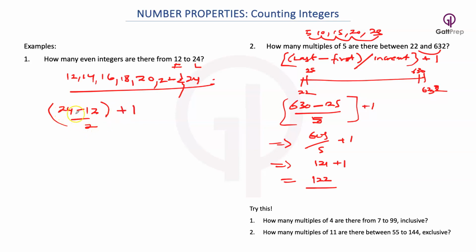And so you have 24 minus 12 is 12, divided by 2, plus 1. 12 divided by 2 is 6, plus 1 is 7. Remember, we had 7 terms: 1, 2, 3, 4, 5, 6, and 7. And so yeah, very, very simple stuff.